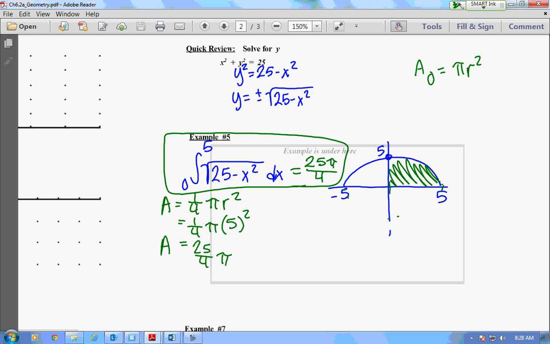Okay. The next one, we finally move into some fun stuff. Okay, flip it over to number 6. So now we have trig functions. Now with a circle, we know a formula of a nice round symmetrical half circle.